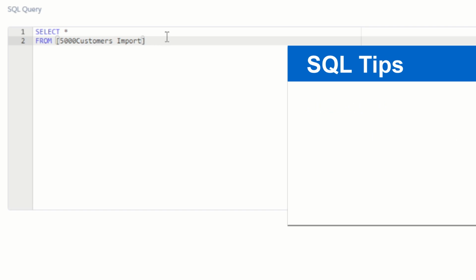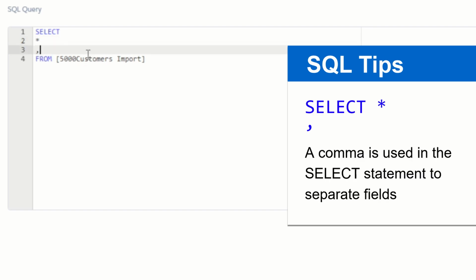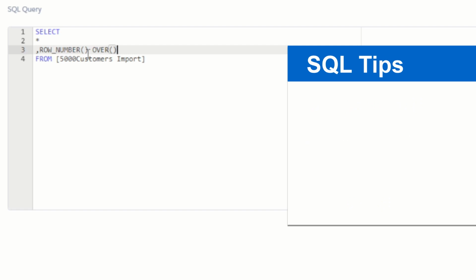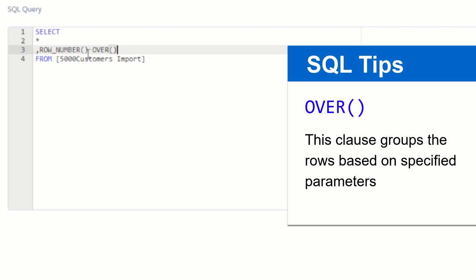Now the function we have to use today is going to be our row number function to dedupe our records. So what I can do is inside my first select statement here, I can put a comma, make another field, and I can start to type out my row number function. And my function should read row underscore number. That's going to be an over function, as I want to specify how I'm going to row number my data. Inside the over, I'm going to tell it how to break up that data.